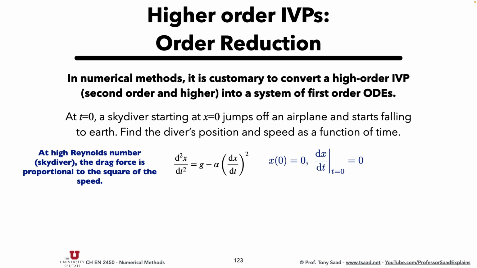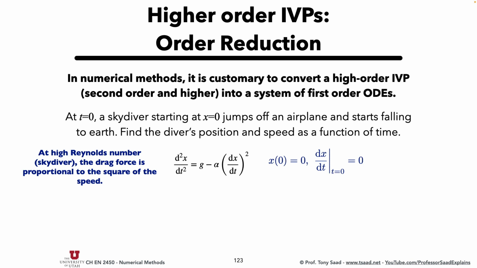I figured I could start by talking about order reduction on initial value problems, which by now we should have mastered with ODE int. So far the only type of initial value problem we've solved are first order initial value problems, like dT by dt, the first derivative of temperature, or the SIR epidemic model.